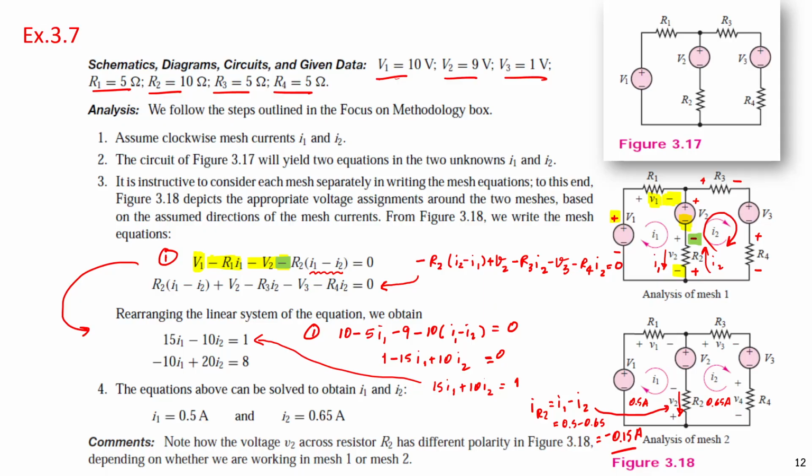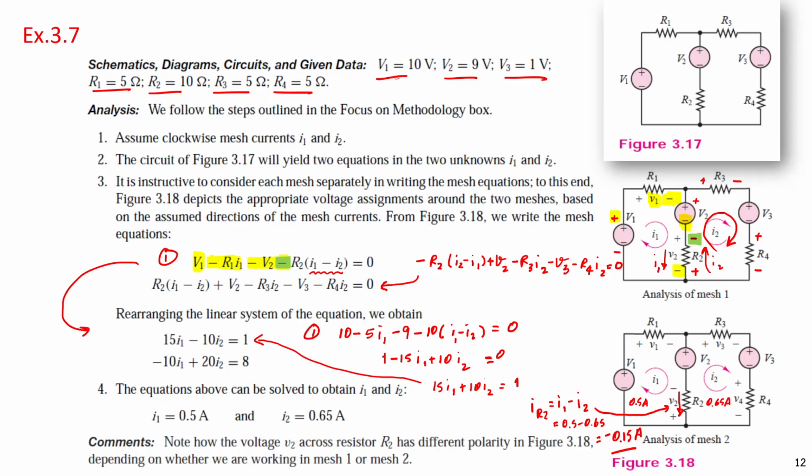So we can also solve the circuit by mesh analysis. It's a second method. If we have voltage source in the circuit, it will be easier to construct KVL, because we know the voltage, by mesh analysis.